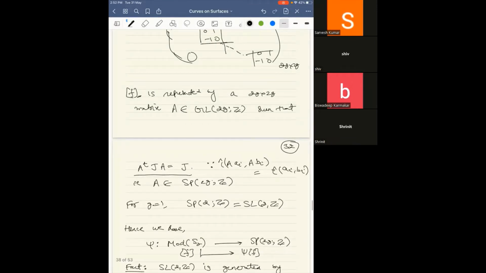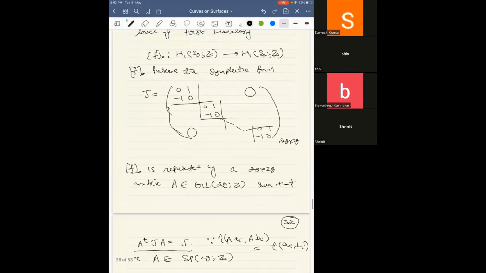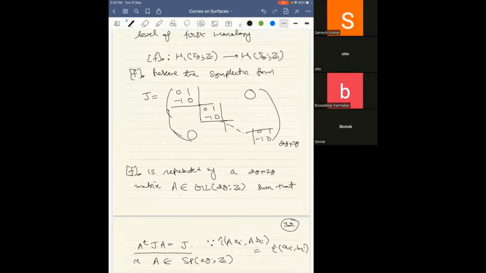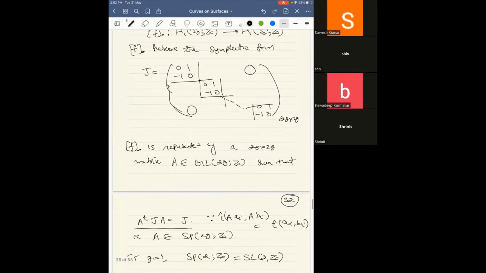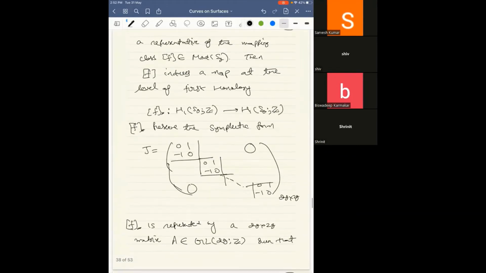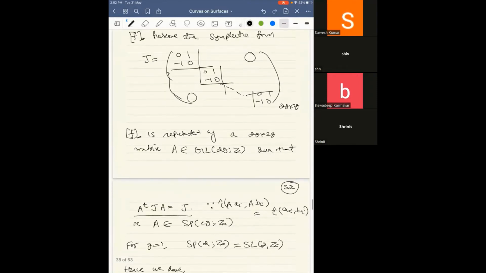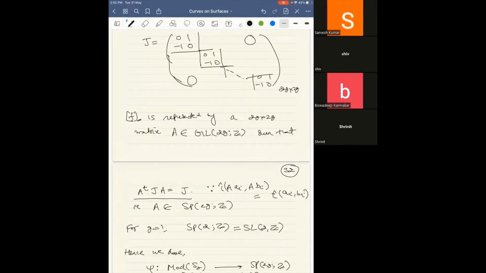And how do you get this element as a matrix? That is simple, right? This homology has a basis, so every element can be written as a finite integer combination of these 2g elements, A1, B1, and so on. You look at its action, and you get another linear combination, and you can always represent it by a matrix. This is clear, right?